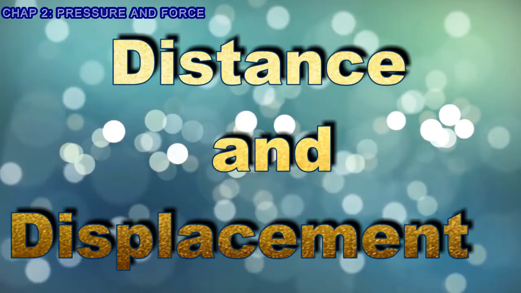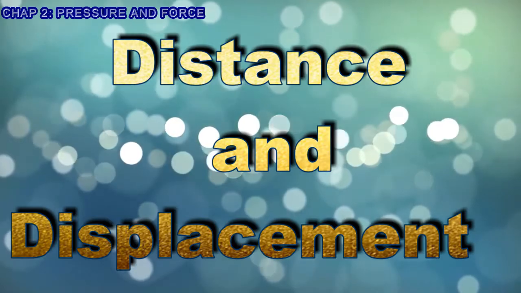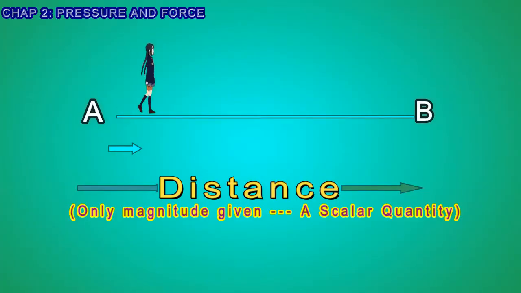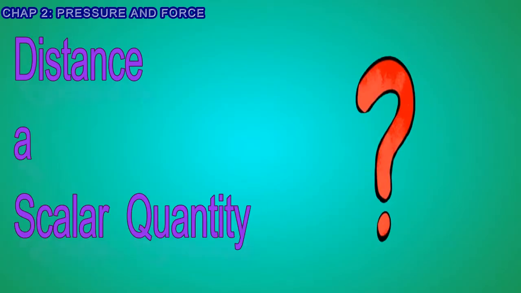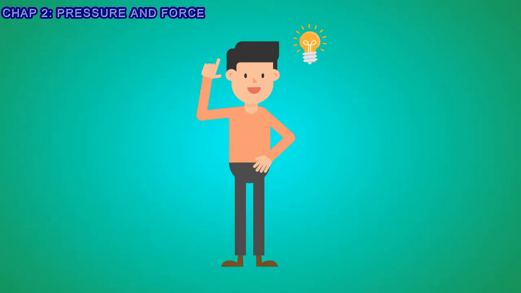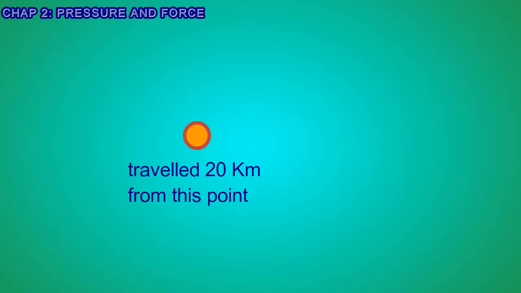Now let us understand what is distance and displacement. When we move from one place to another, the measure of total length we cover is called the distance. Is distance a vector or scalar quantity? Think about it. If you say someone traveled 20 kilometers from this point, we can't really tell where they landed up.